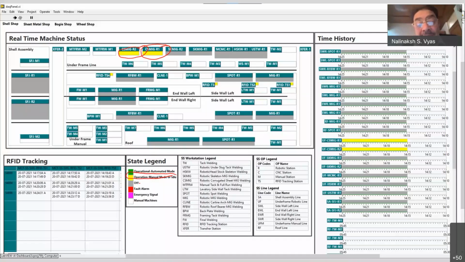But when I press on that dashboard, this is here on this dashboard. The different segments are, this shows the instantaneous information of various machines, whether they are working, not working, on, off, whether there's a fault condition, emergency condition or not.